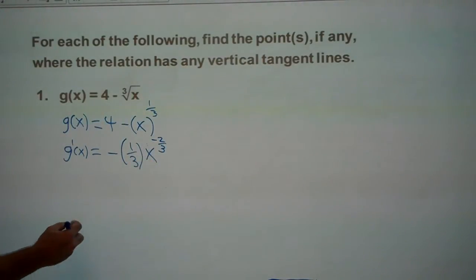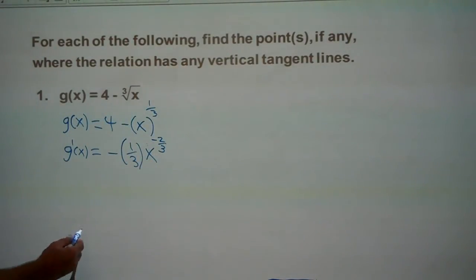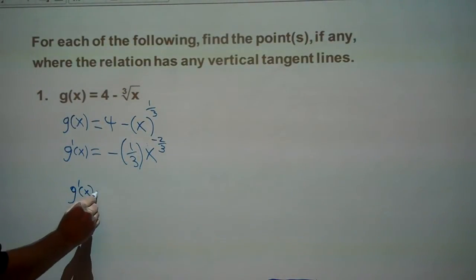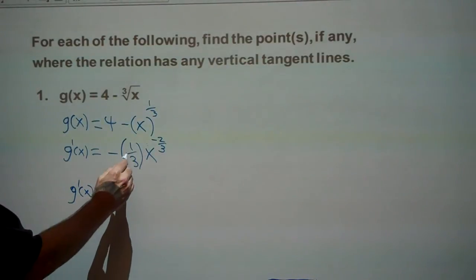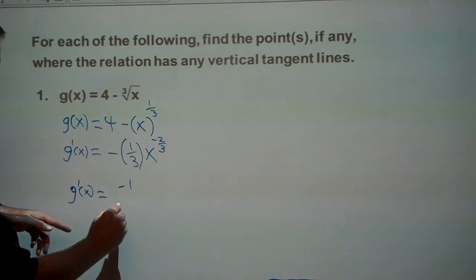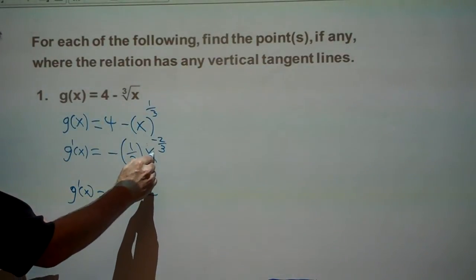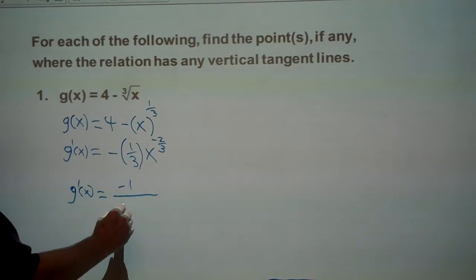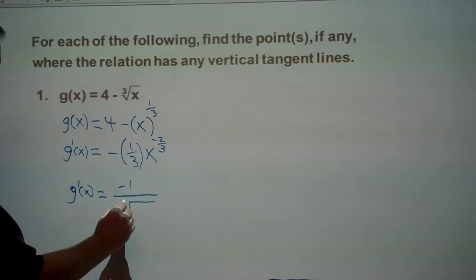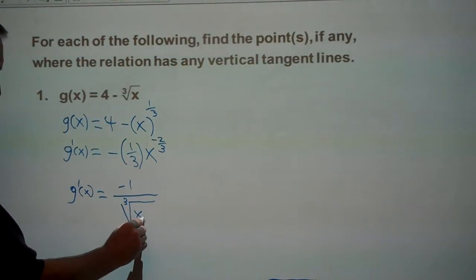So here we have x to the negative 2/3 power, and we're going to rewrite this back in radical form. And so we have in the numerator negative 1, and this x to the negative 2/3 power will come down in the denominator as the cube root of x squared.